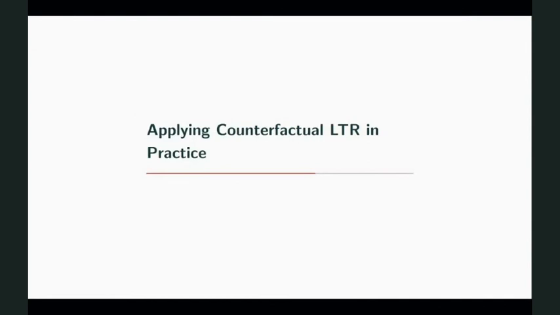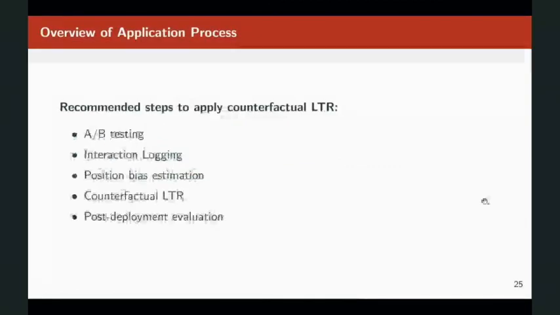So I wanted to present that to you. I don't know if this is applicable to you per se. We haven't discussed these things yet, but it might be. It might also be very obvious. So this is not tailored for you. This is just what I generally see helps if you want to apply counterfactual learning to rank.